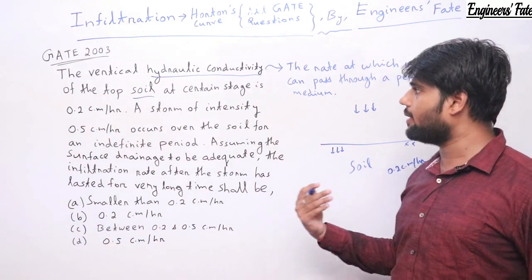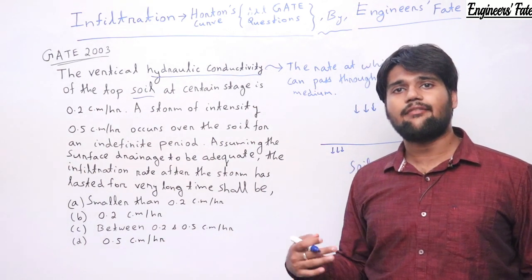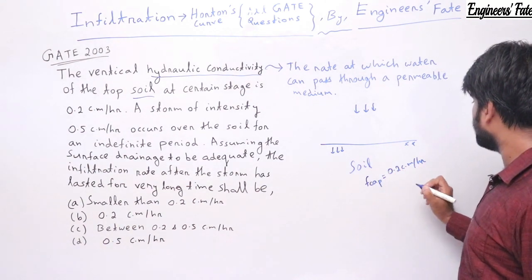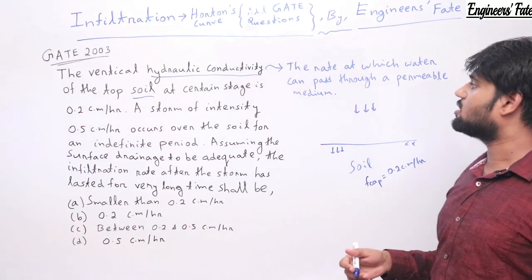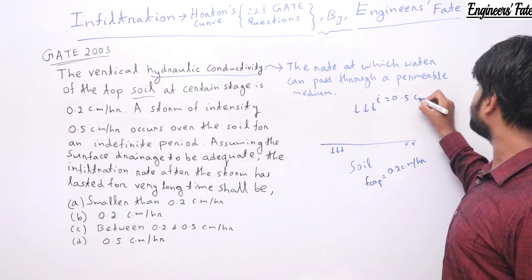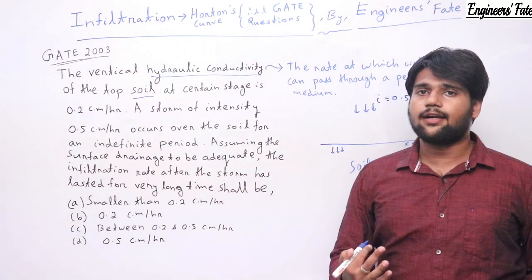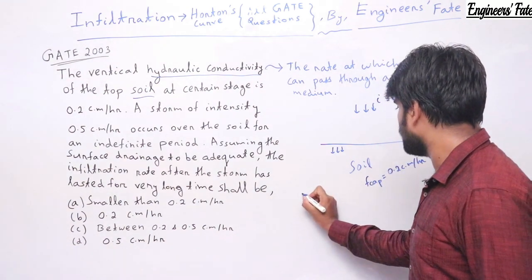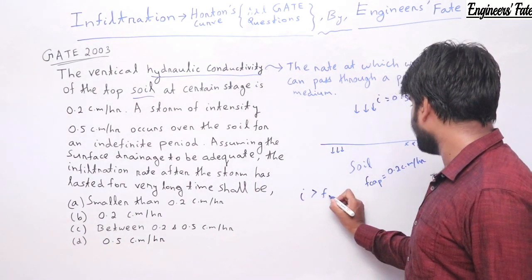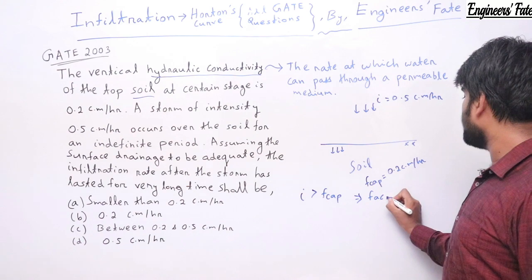Means the maximum rate which the soil can infiltrate, means the infiltration capacity, F capacity of the soil, he has given as 0.2 cm per hour. Then the storm of intensity he has given as 0.5 cm per hour. In my previous video I have told you three conditions. One of the conditions I have told you: when intensity of rainfall is greater than F capacity, what will be the actual infiltration rate?